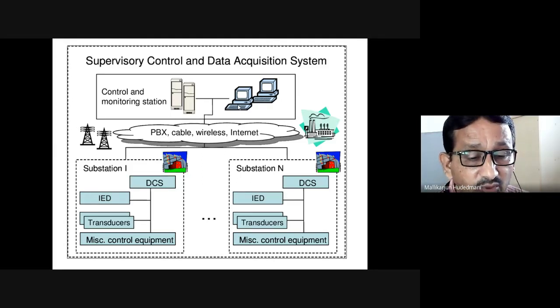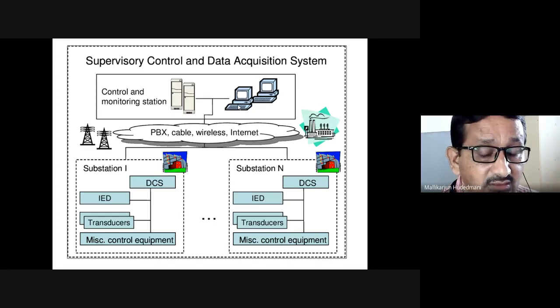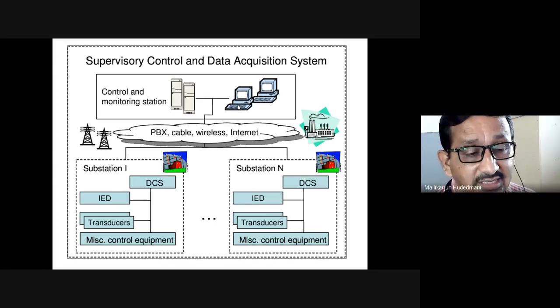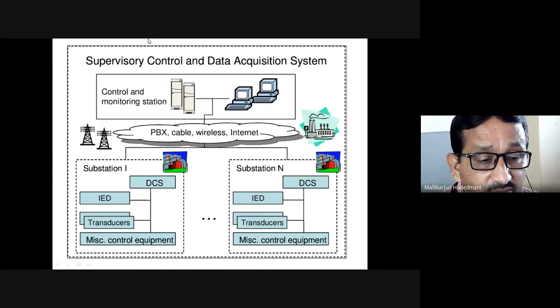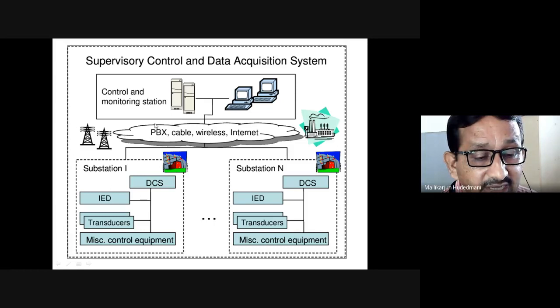Both are active, but one of the computers is designated as master during normal working. On the failure of that, if anything goes wrong with that computer, the slave takes the role of main server. So this computing facility is getting connected to the communication network, via an exchange.